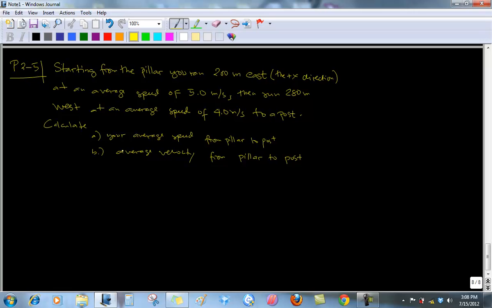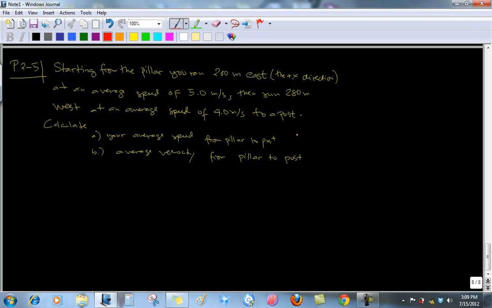So here for letter A, what we are looking for is speed, average speed. So what's the symbol for average speed? Well, try to look for it in the book. But for me, I'll be using S average for average speed.